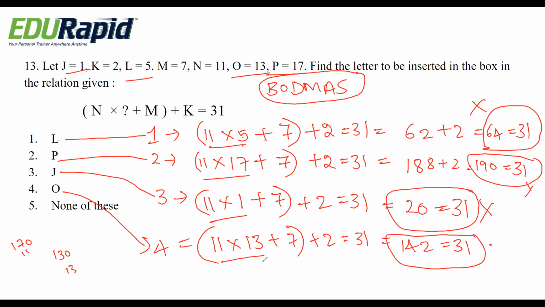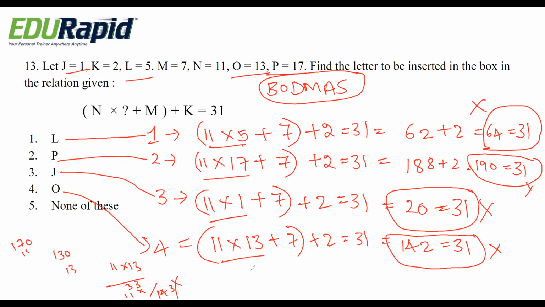Like this you have to do mental calculation. There is no need to write it out like 11 into 13, what 3 ones are 3, and so on. That is not the right method. You have to calculate it mentally like this.